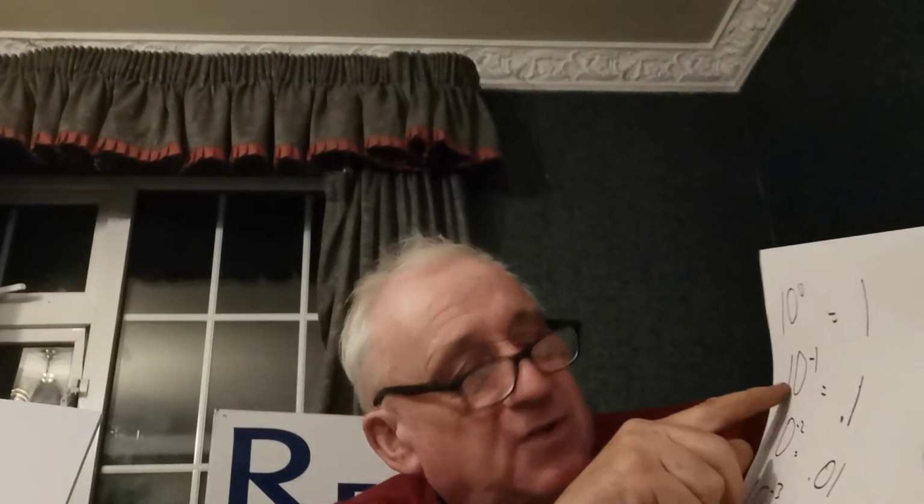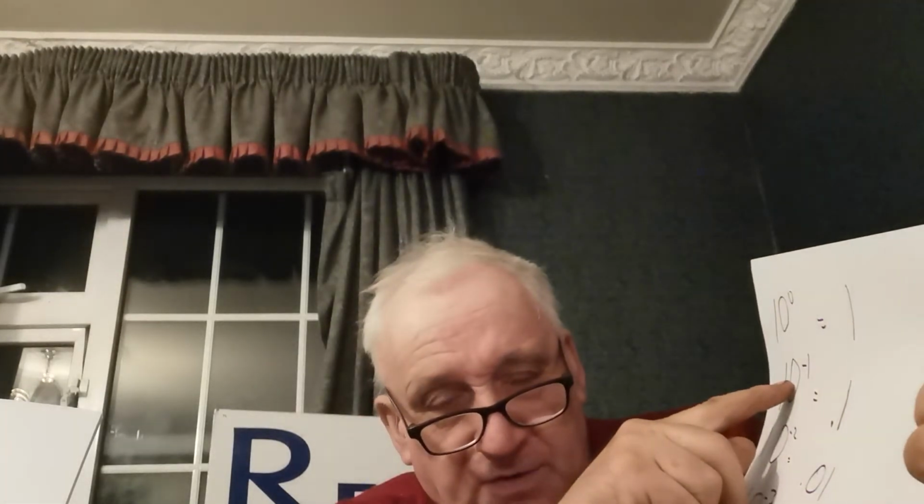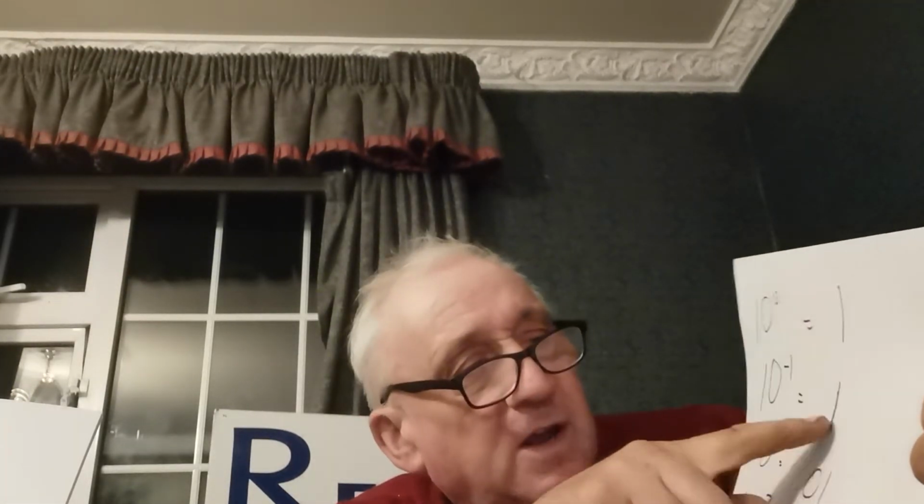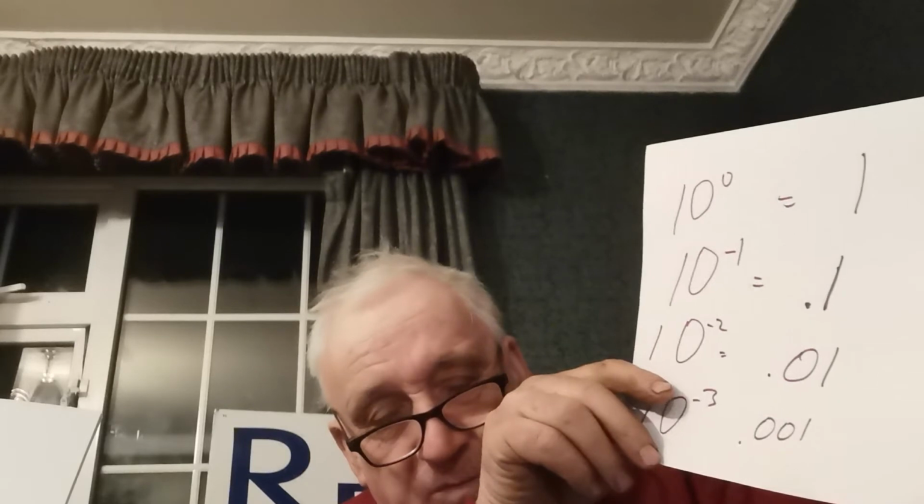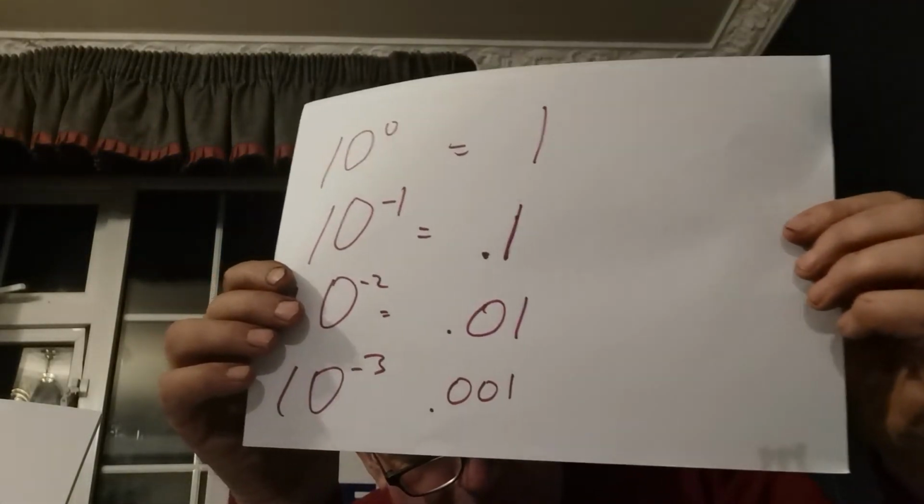Now if you multiply 10 by minus 10, you would think that should be minus 0.1 if you stuck to the rule. So now 10 to the power minus 2 is 1/100th, 0.01. And 10 to the power minus 3 is 1/1,000.